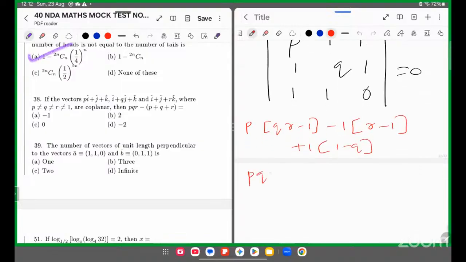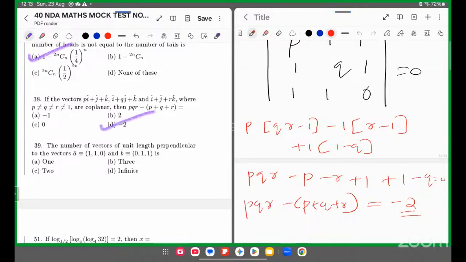So PQR minus P minus R plus 1 plus 1 minus Q equal to 0. So PQR minus (P plus Q plus R), 1 plus 1 becomes 2, so it can be taken to the other side and becomes minus 2. So the option is option D. D is the correct answer.